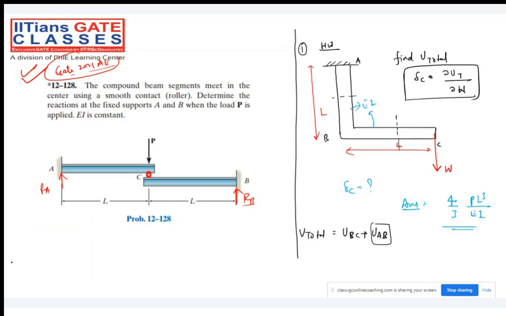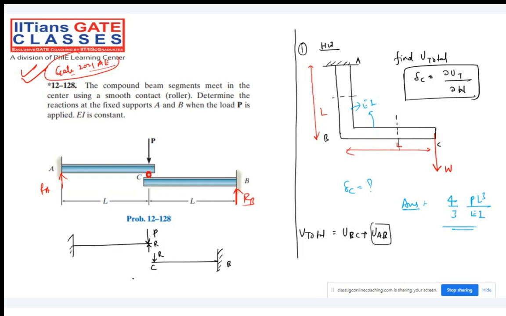I think yes, correct. Because what you can do, you can just treat it like this is P, so there will be some kind of R here, also there will be R. Once again we're going to have this P. So how can we solve this? We can solve this by equating the deflection at C point, right?